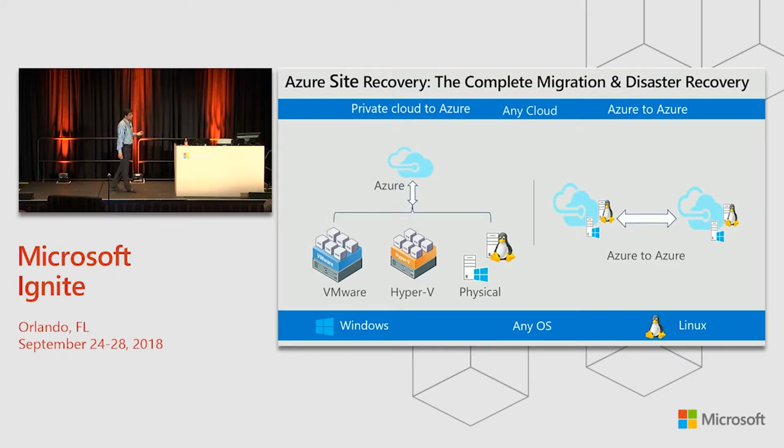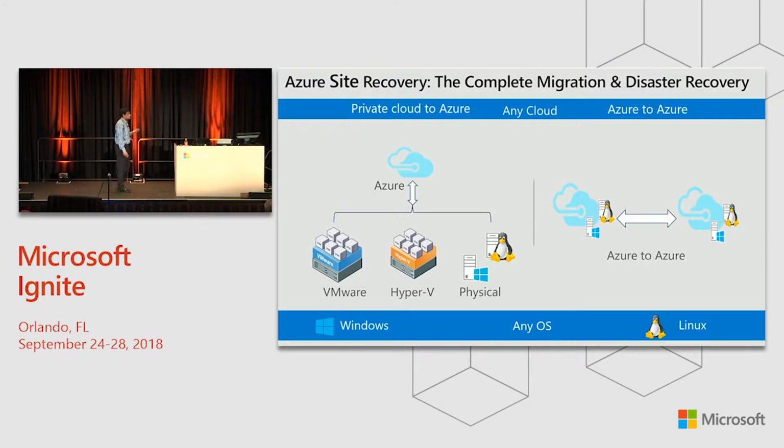All of us are going to have heterogeneous environments across private and public cloud, and this is one single solution which meets all your needs and is consistent. So you don't need to learn multiple DR solutions to be able to do this.